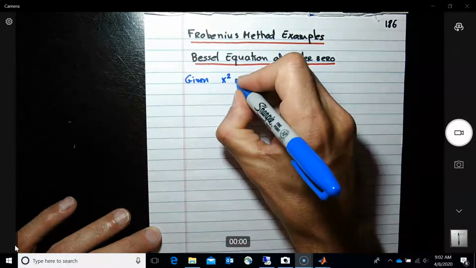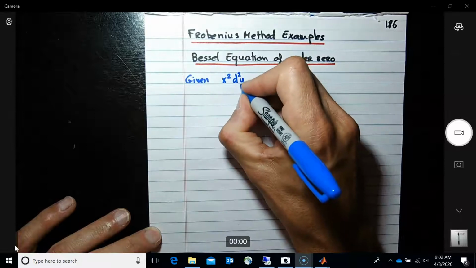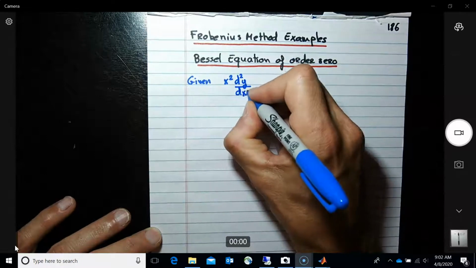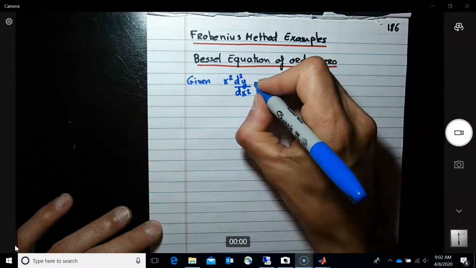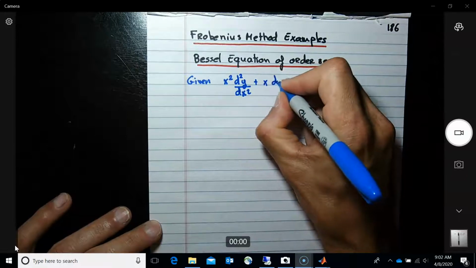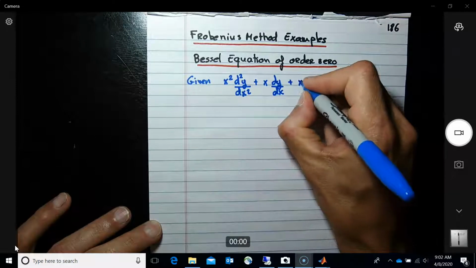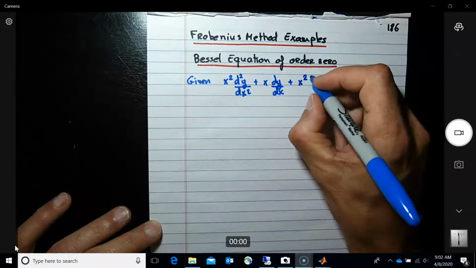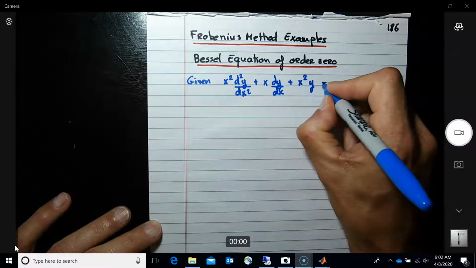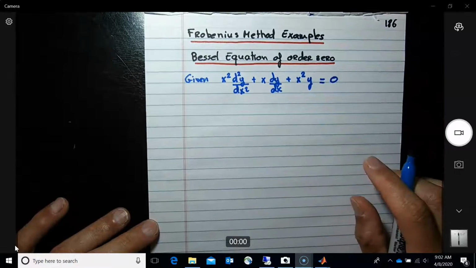the Bessel equation: x squared times the second derivative d squared y dx squared, plus x dy dx, plus x squared y equal to 0.